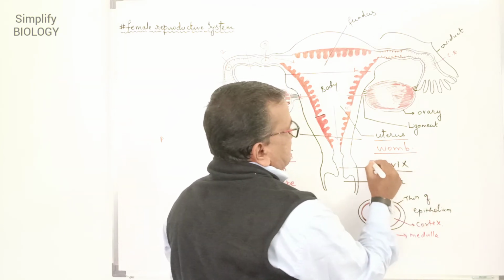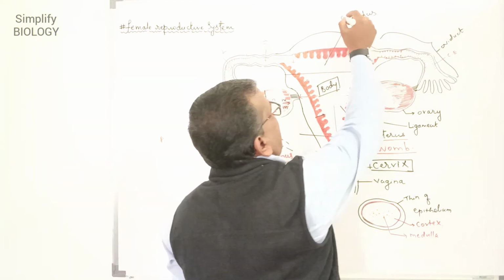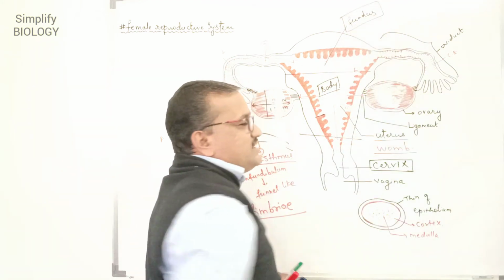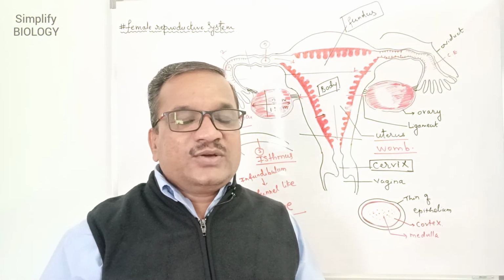This is the third part of the uterus, this is the second part, and this is the first part. So the uterus is divided into three parts.